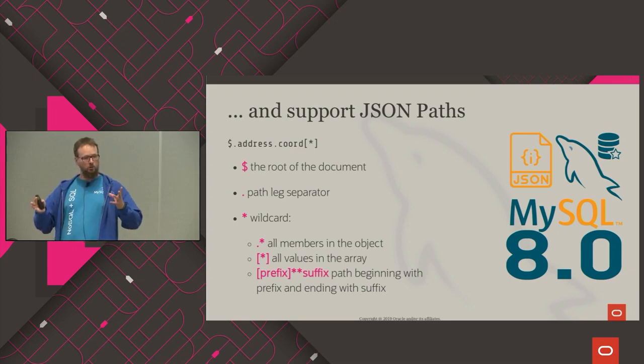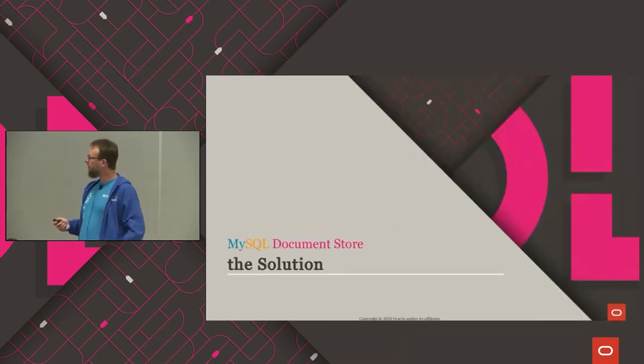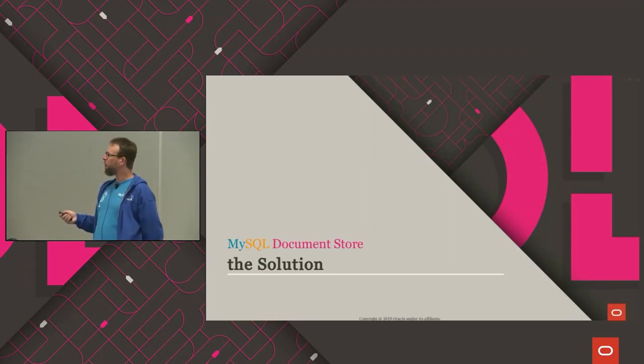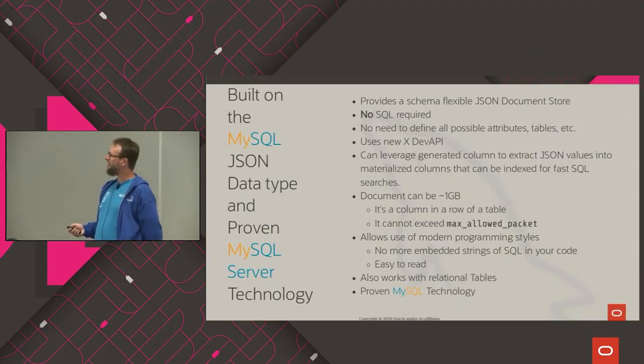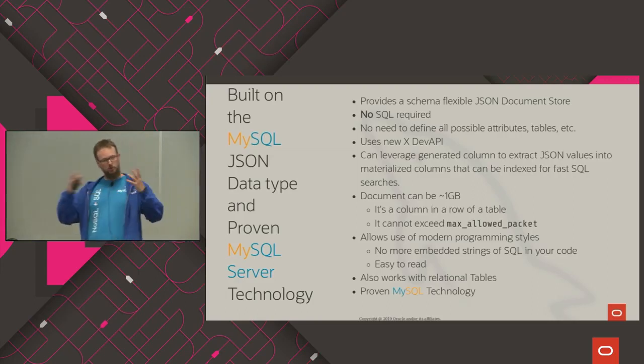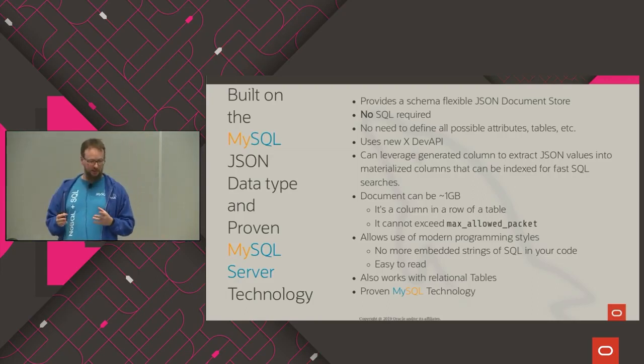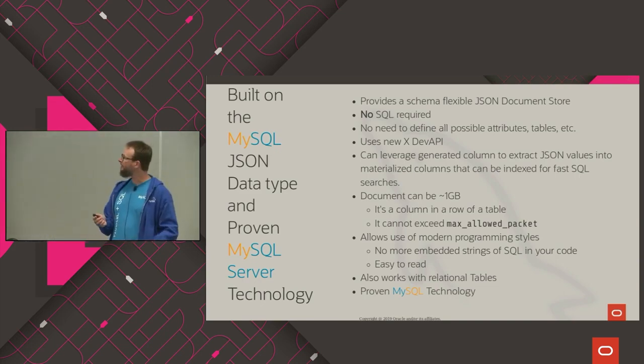So the whole solution is based on the JSON data type. The MySQL Document Store works with this JSON data type. Of course, we built the Document Store around the JSON data type, but also around the MySQL server that everybody knows and that is a really proven technology, right?